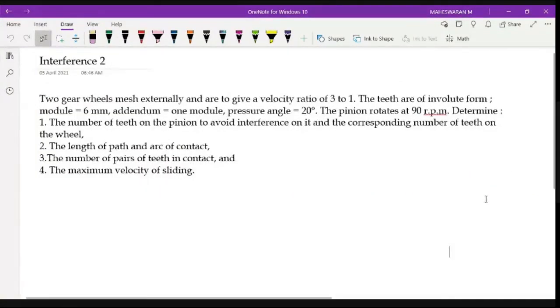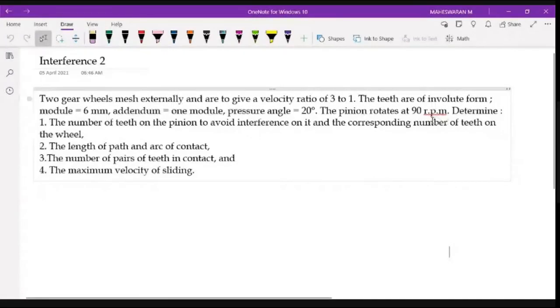Let me consider this problem. You have two gears which are meshing externally. They give the velocity ratio as 3:1. The teeth are of involute form. The module is 6 mm. Addendum is 1 module. Pressure angle is 20 degrees and the pinion rotates at 90 RPM.